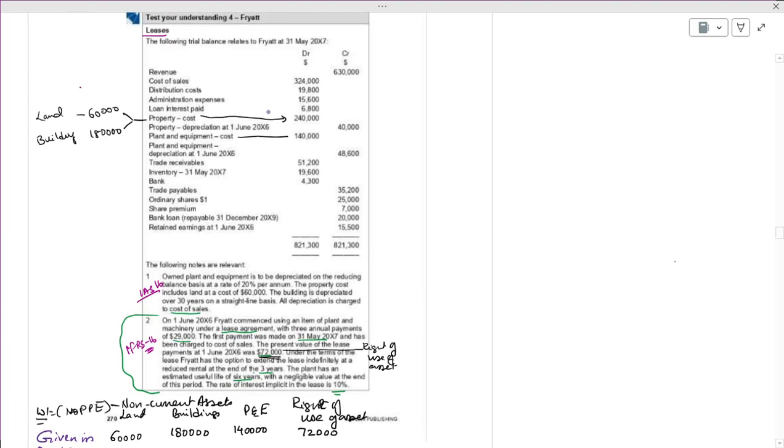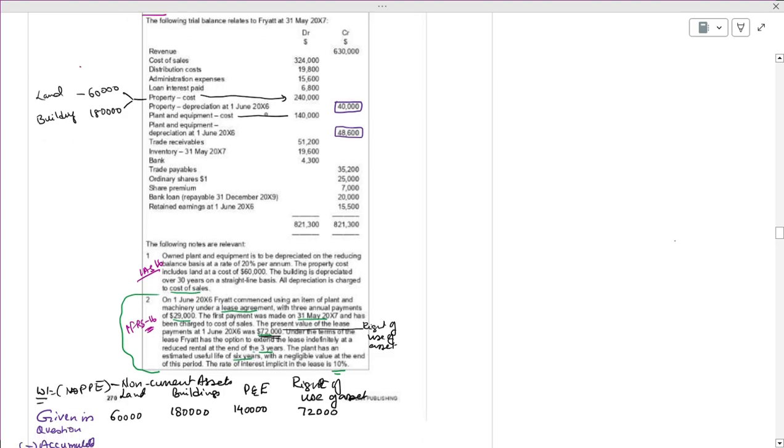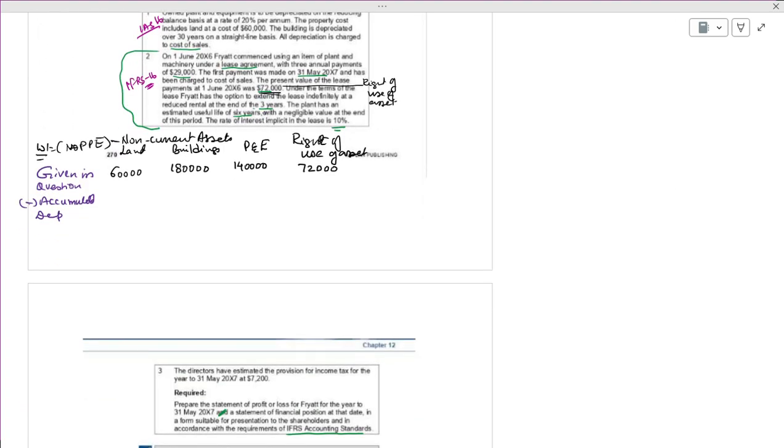For the buildings, 40,000. And for the plant and machinery, how much? 48,600. This is for the buildings 40,000 and here 48,600. Are you clear about this?